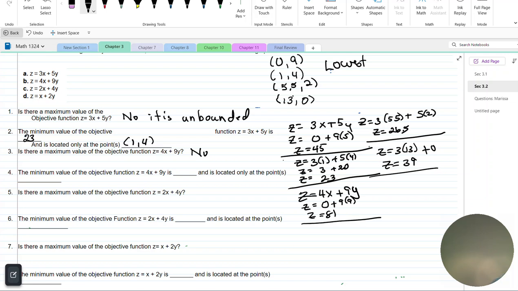Now I'm doing 1 and 4. Looks like 40. Right now I'm doing 5.5. Definitely calculator, right?